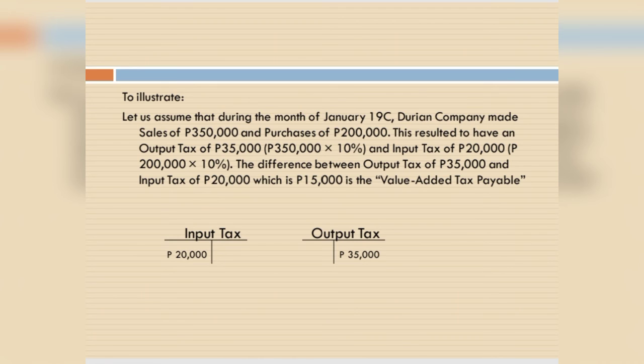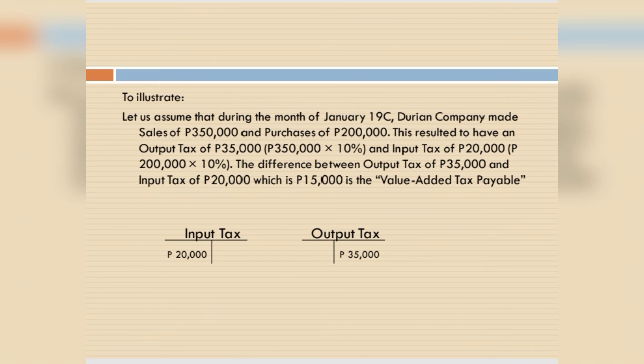This resulted in an output tax of 35,000 pesos, or 350,000 times 10%, and input tax of 20,000 pesos, or 200,000 pesos times 10%. The difference between output tax of 35,000 pesos and input tax of 20,000 pesos, which is 15,000 pesos, is the value added tax payable.